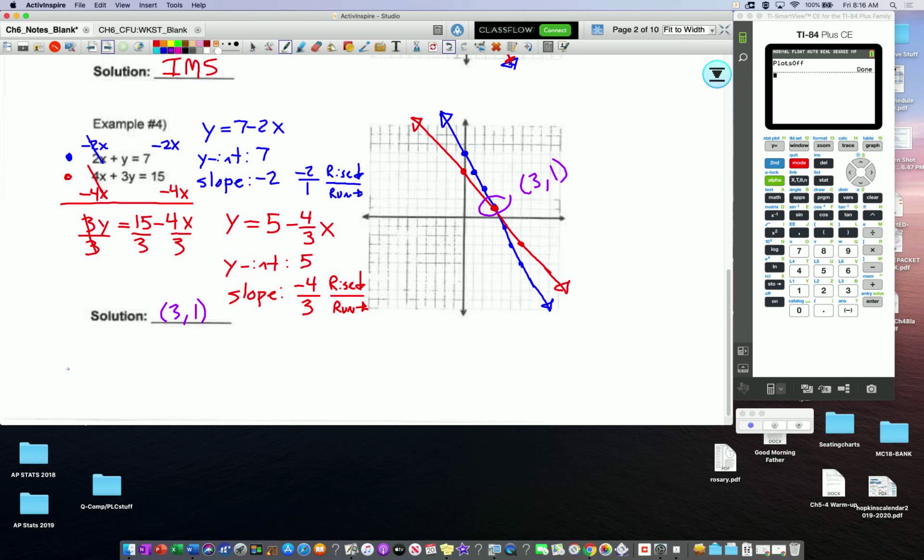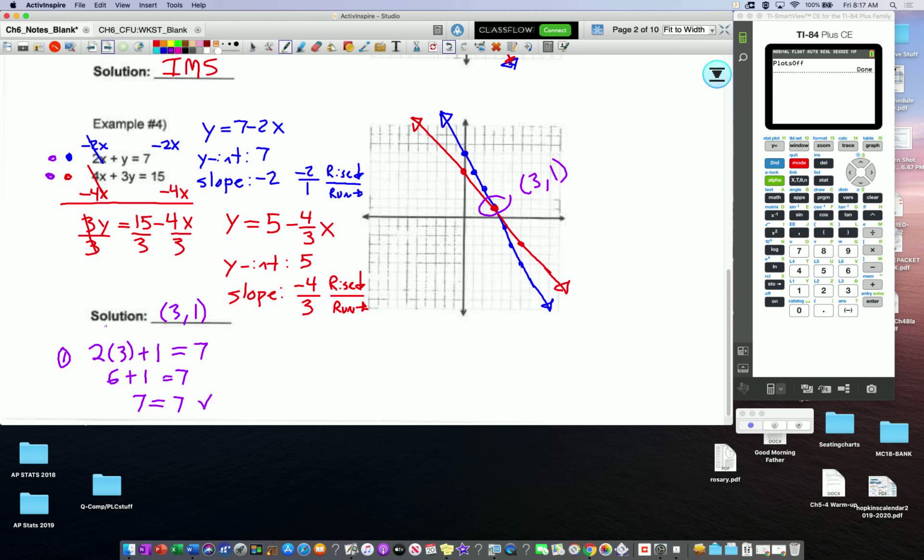So I'm going to bring down this first equation. So I go 2, replace the x with 3, plus 1. Does that equal 7? Well, 2 times 3 is 6. 6 plus 1 does equal 7. Check. So that was plugged into the first equation.